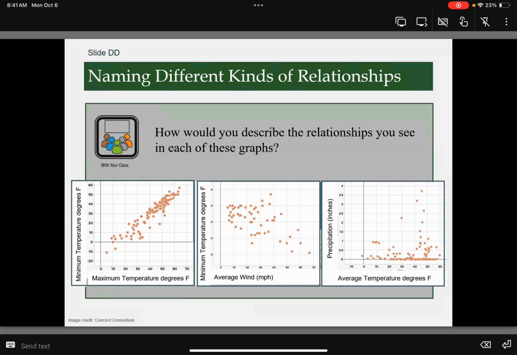Okay, amongst your group, go ahead and discuss each of those graphs. What pattern are you seeing in this graph? What pattern are you seeing in this graph? What pattern are you seeing in this graph?